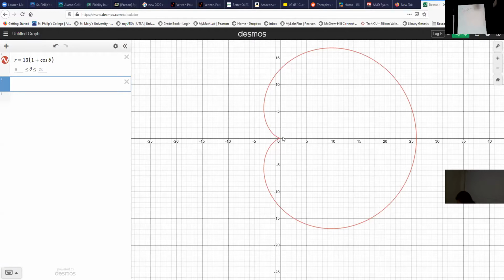Right? Let me find a better picture. Okay, R equals 13 times 1 plus cosine. There it is. Okay, so our A is 13, and we have that shape.